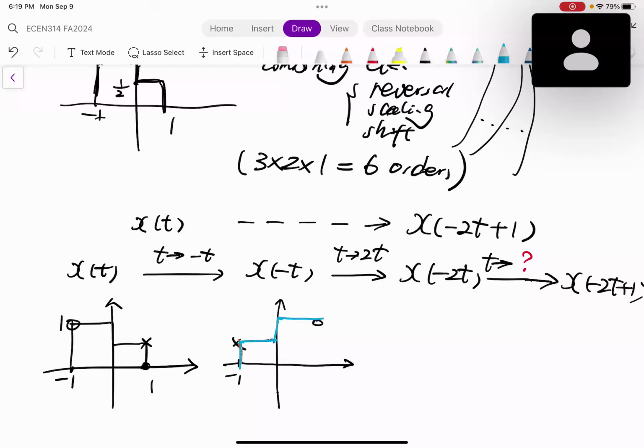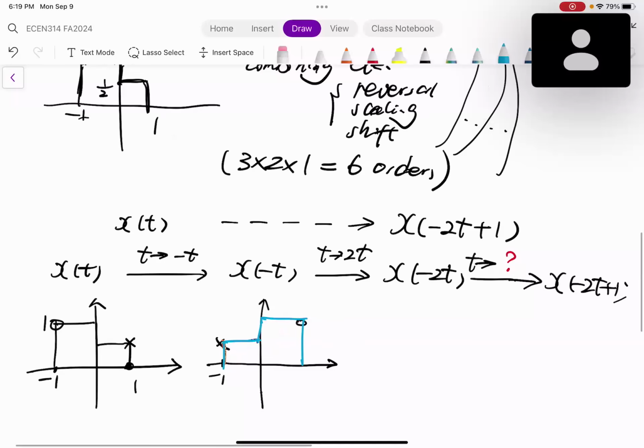Right? Don't they look like mirror images of each other? Okay, now time scaling. In this case, we're expanding or compressing time. Any guess? One way to look at it is the following.